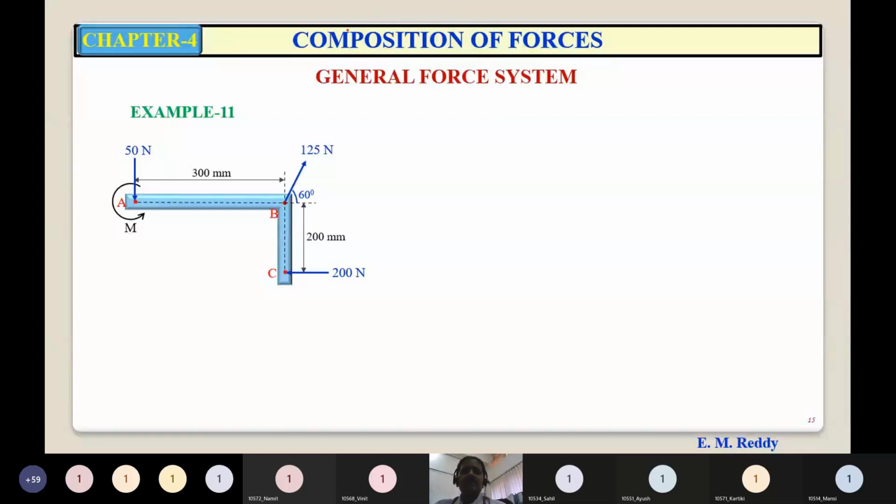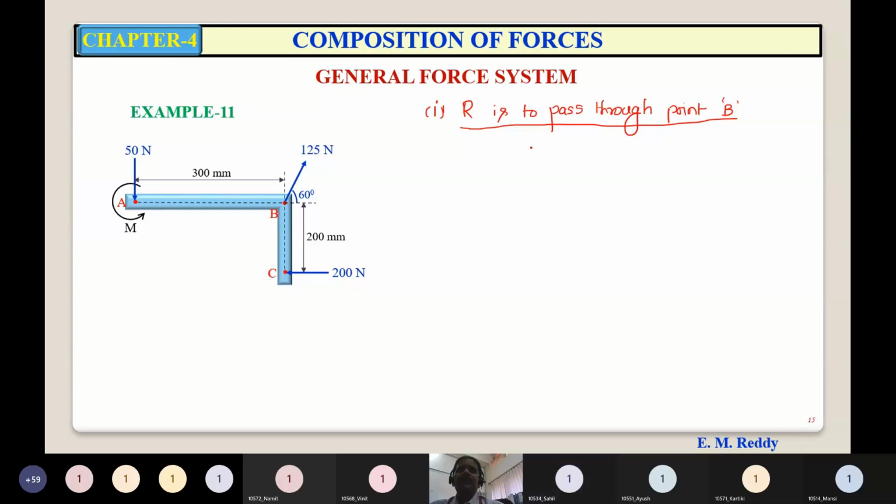So in the statement there are two parts. The first part: the line of action of resultant of this system is to pass through point B. Now when the line of action of resultant is passing through point B, what is its moment about point B? 0.